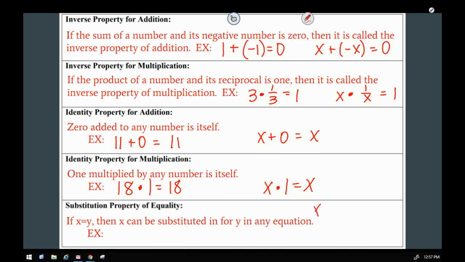So if x equals 2, and I give you the expression 2x plus 3, what would you do? Plug it in. Plug 2 in for x. Is that what you get? Hopefully you should get 2 times 2 is 4, plus 3 is 7.